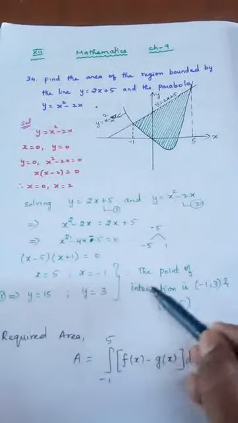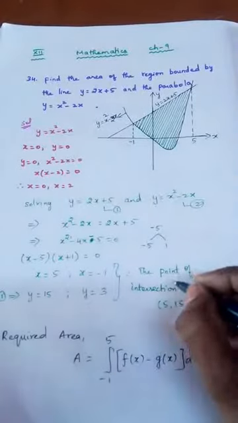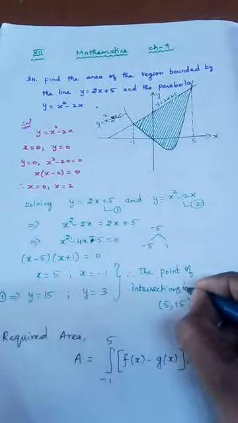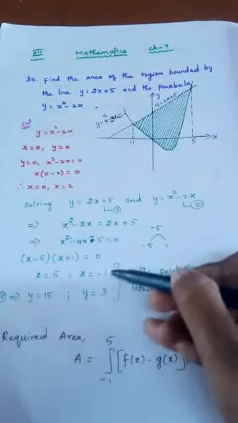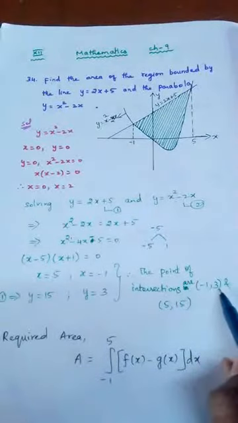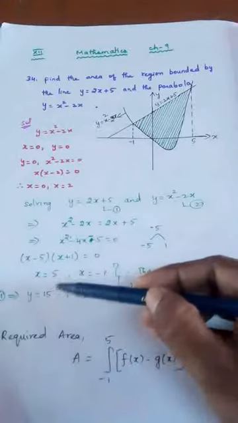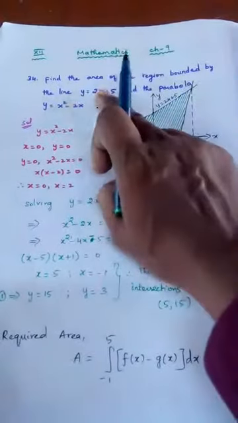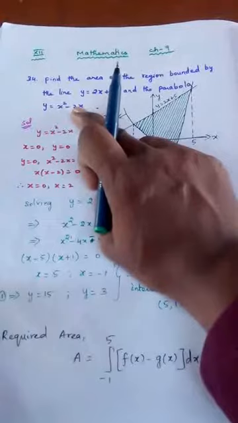So the points of intersection are minus 1 comma 3, x value, y value, and the other point of intersection is 5 comma 15. So I have found the points of intersection of these 2 curves, one a straight line and the other a parabola.